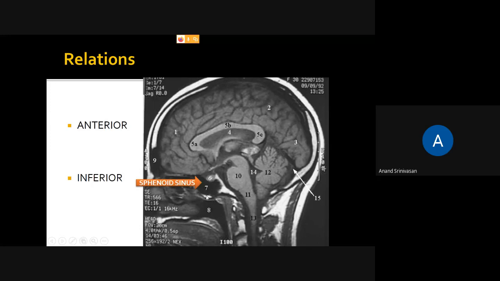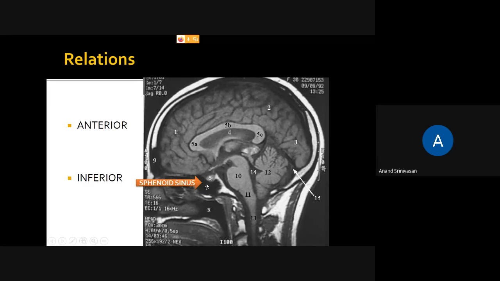Anterior to the pituitary gland, you can see a small radiolucent structure, mentioned as number 7, and this is the sphenoid air sinus. It is present both anterior as well as inferior to the pituitary gland.